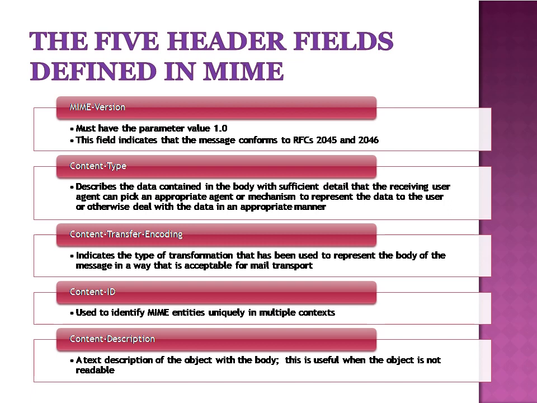Next, the content transfer encoding indicates the type of transformation that has been used to represent the body of the message in a way that is acceptable for mail transport. Then we have the content ID, which is used to identify MIME entities uniquely in multiple contexts. And finally, the content description is nothing but a text description of the object with the body that is useful when the object is not readable. For example, the audio data.